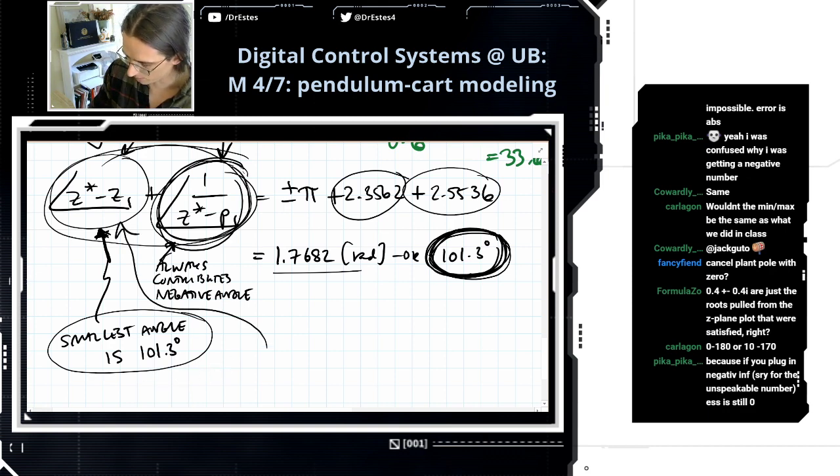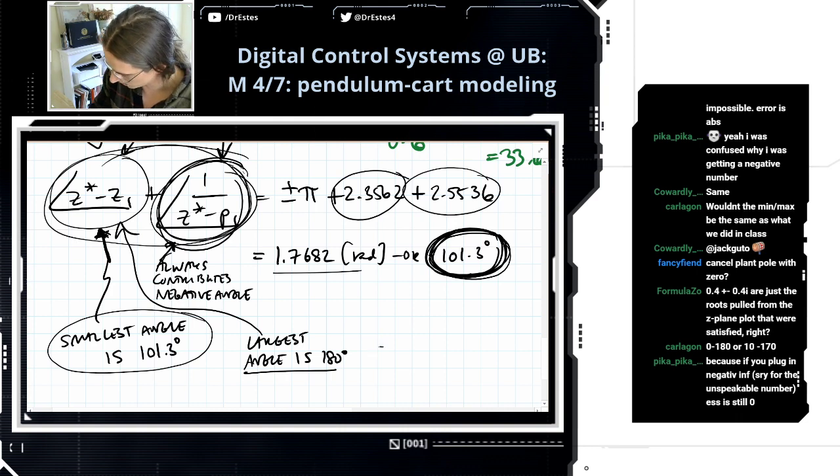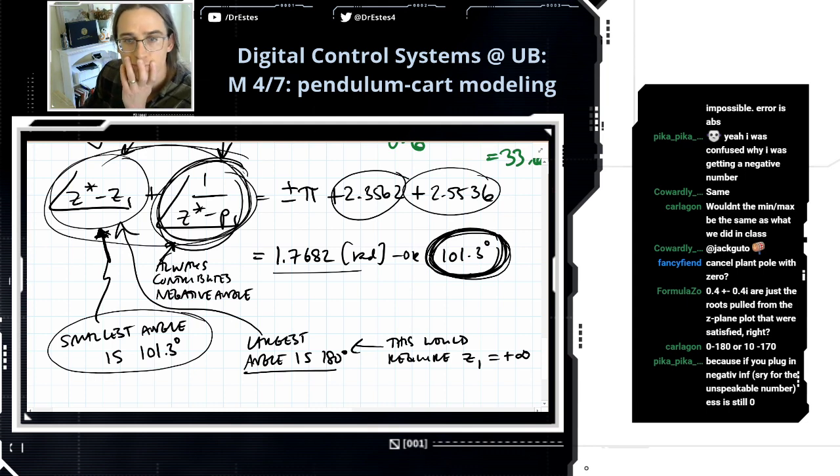And then the other thing is the largest angle is 180 degrees. And really, we'll never even get to this point because, if you look at it geometrically, this would require z1 equals positive infinity.